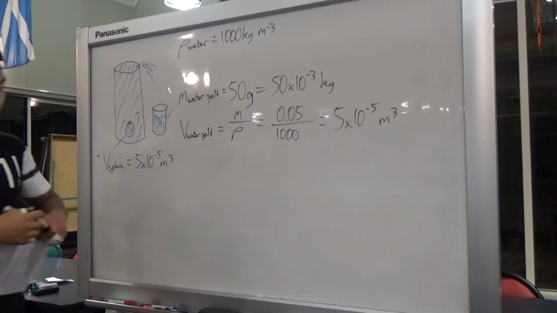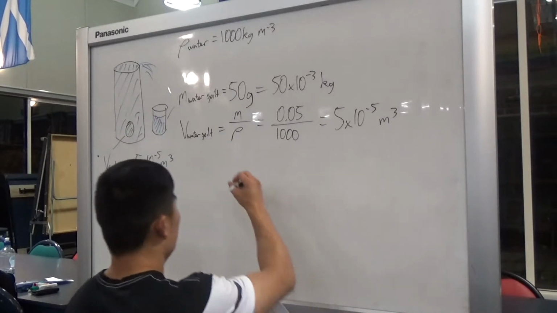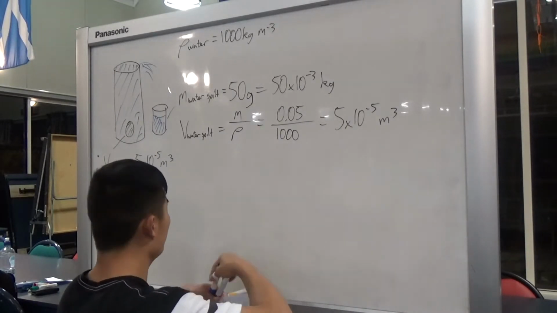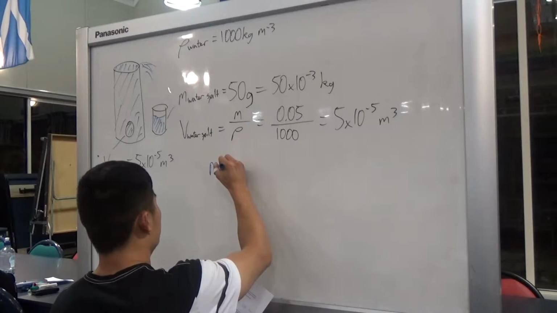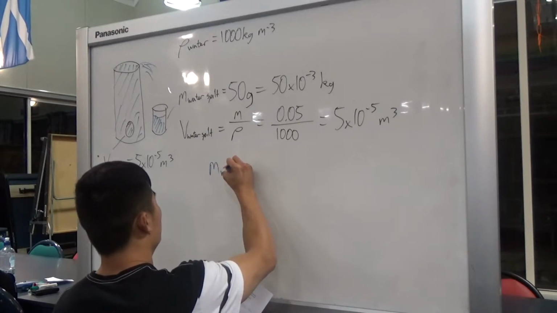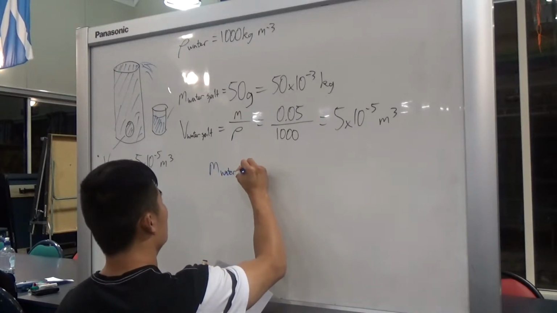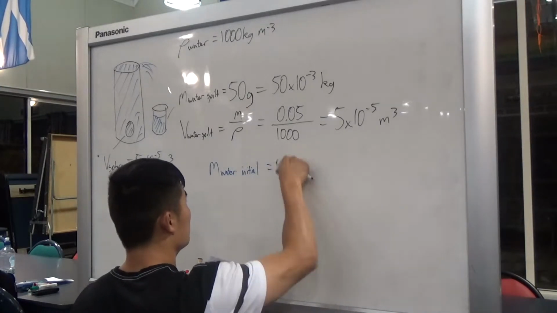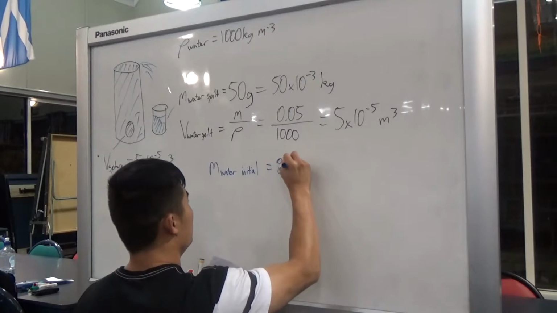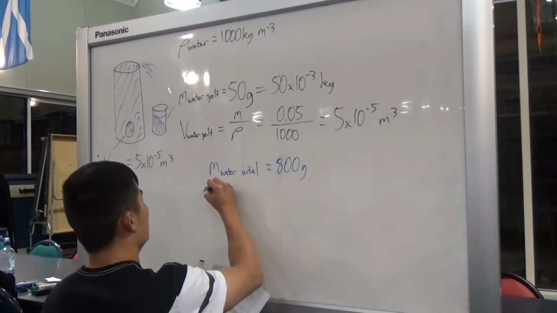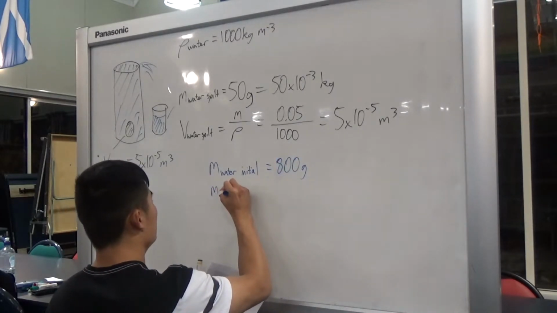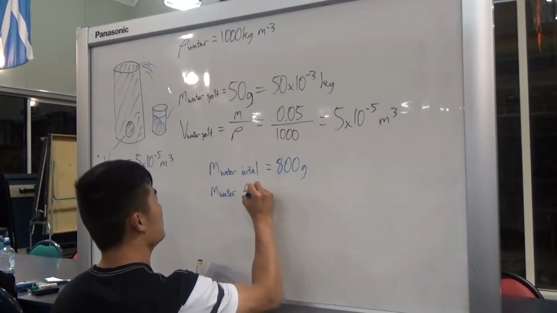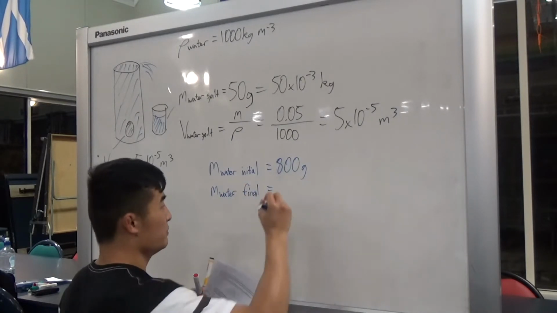Initially we had, so the mass of water initial was equal to 800 grams, right? And then the mass of water after the sphere was put in.